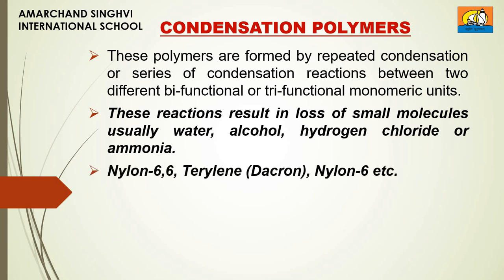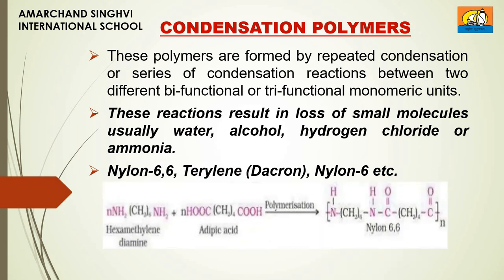Nylon 6,6, terylene, which is also known as Dacron, nylon 6 are all examples of condensation polymers. Hexamethylene diamine and adipic acid both undergo polymerization to form nylon 6,6 polymer.